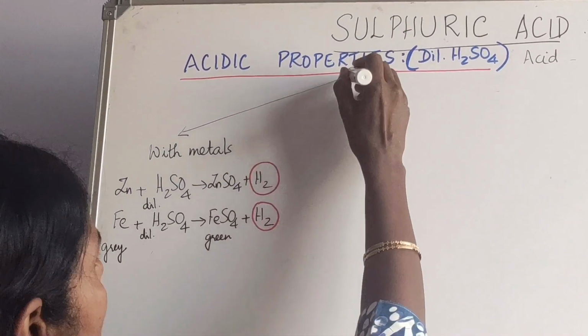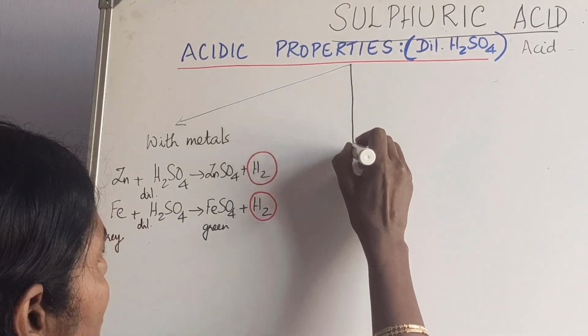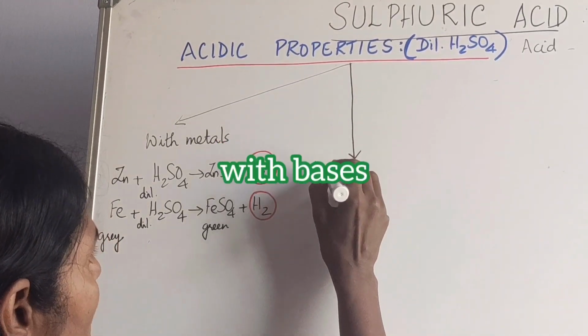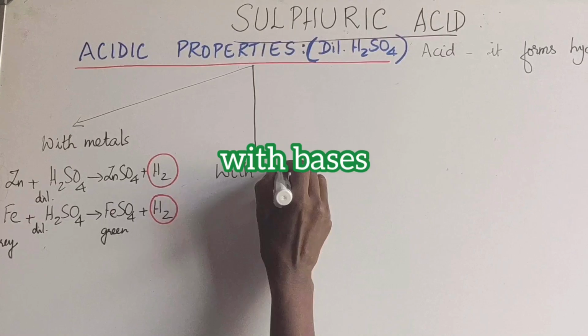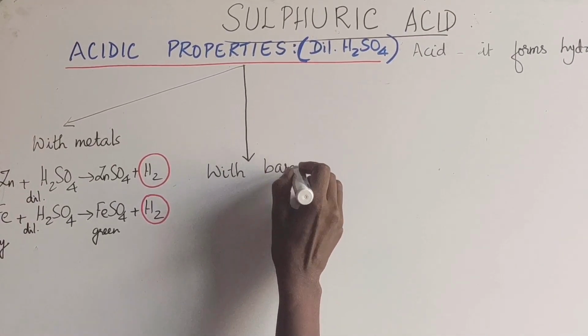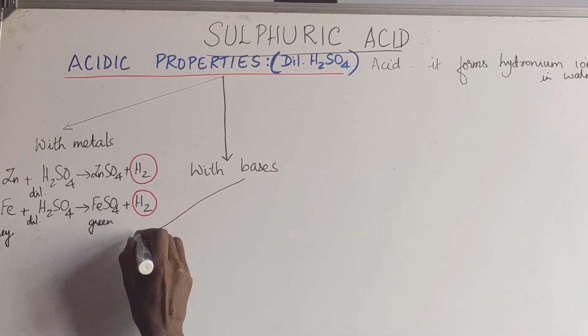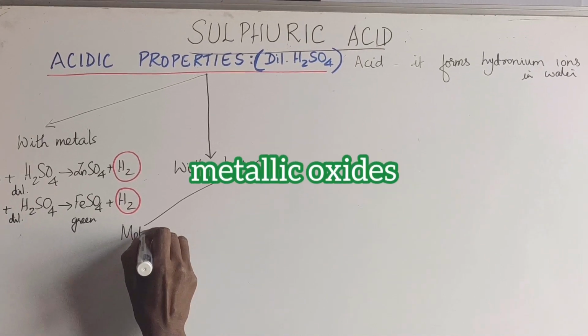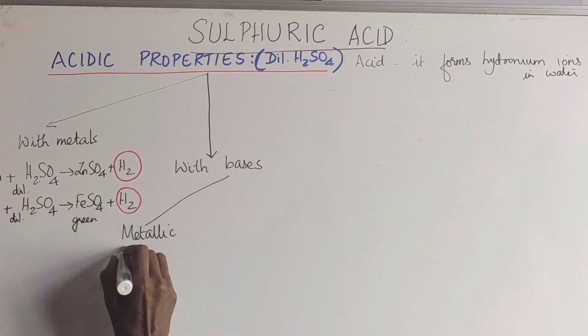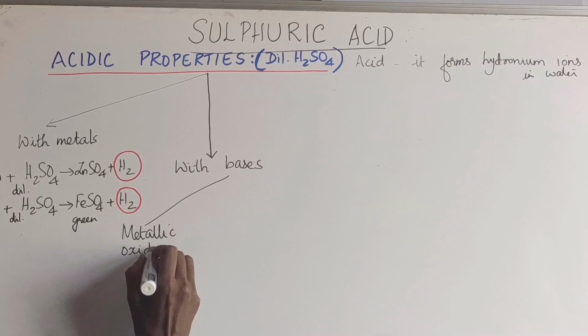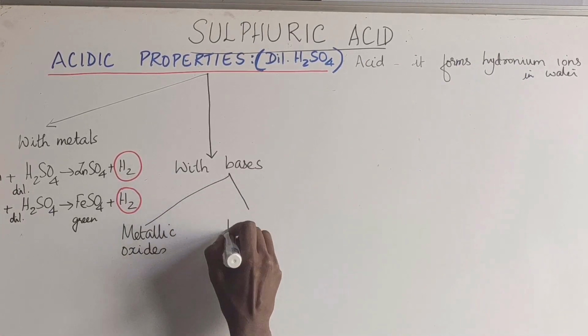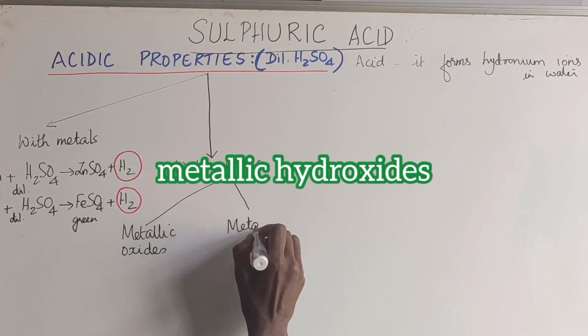The next thing that we see is with bases. And when you talk about bases, they can be of two types. One is metallic oxides and the other one is metallic hydroxides.